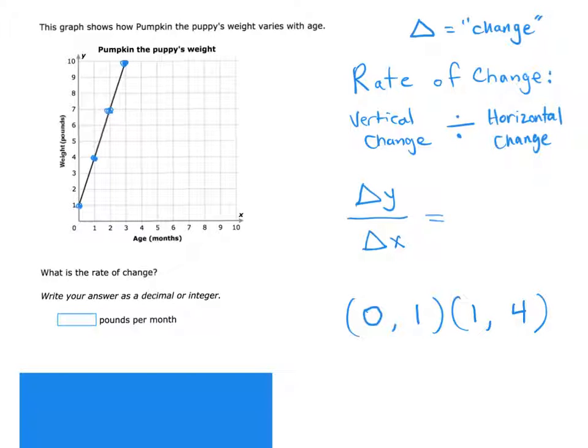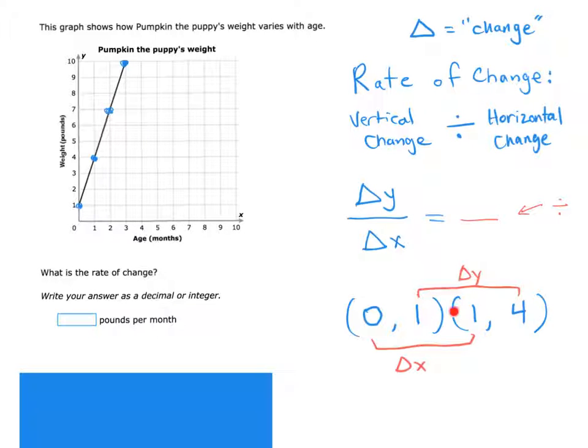What I have to do next is find the amount of change in y, and then the amount of change in x, put them into this fraction, and then the last step will be to divide. So from 1 to 4 is an increase of 3.